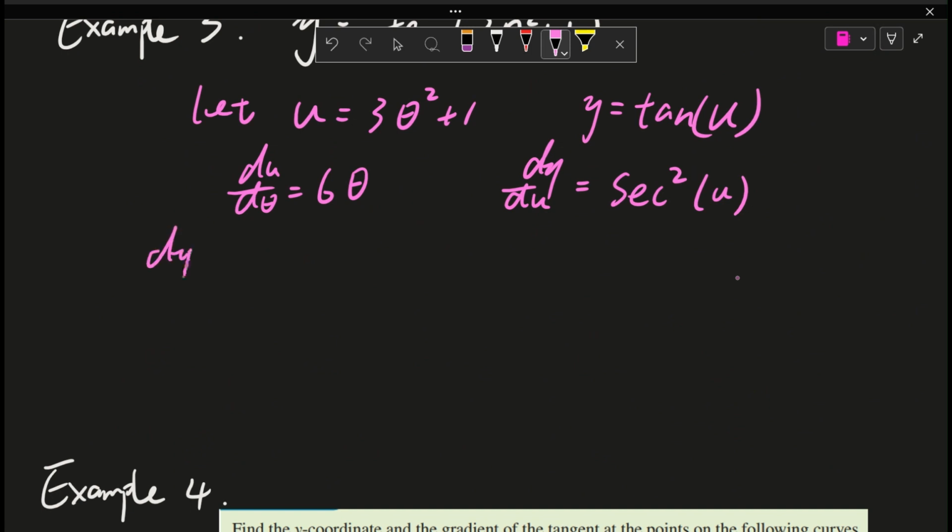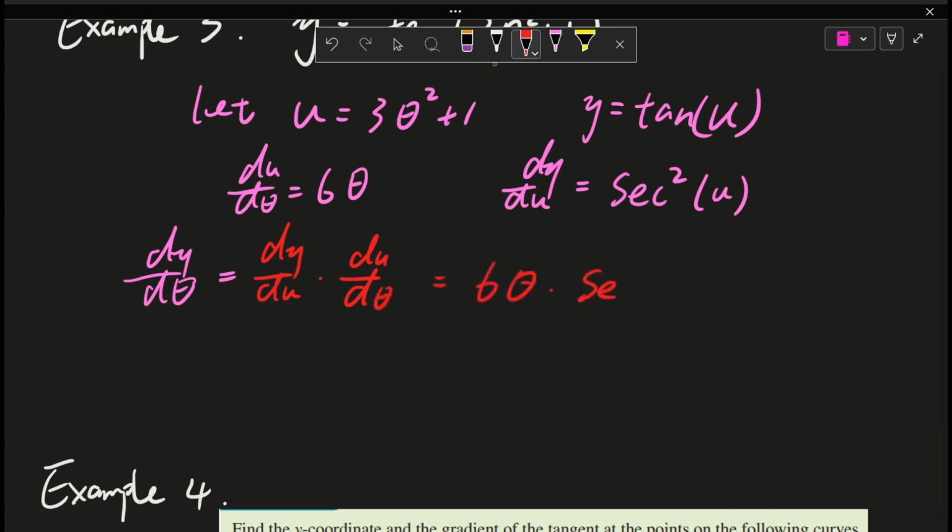Then dy d theta equals dy du times du d theta. That equals 6 theta times sec squared u, which is 6 theta times sec squared of 3 theta squared plus 1. That's it. Hopefully you understand how we do this question.